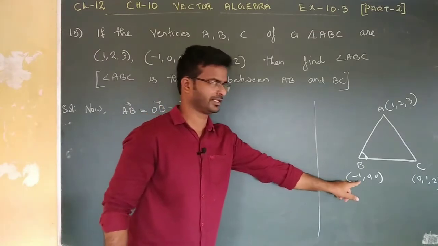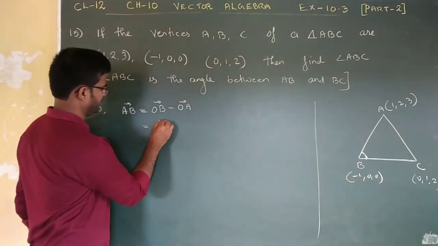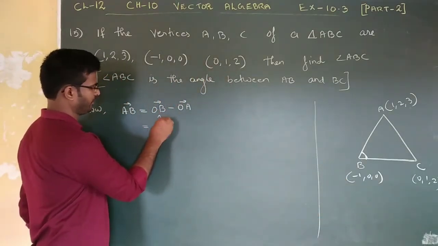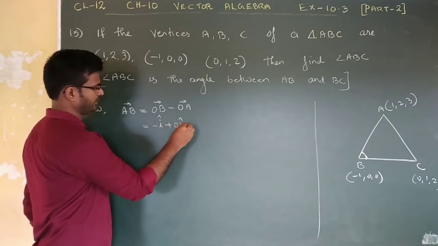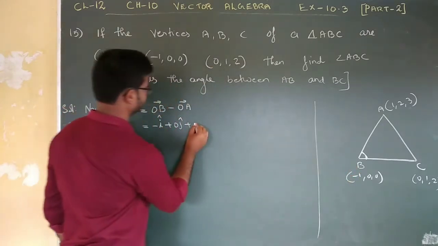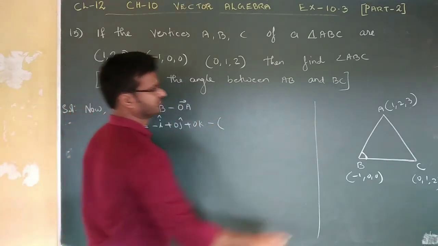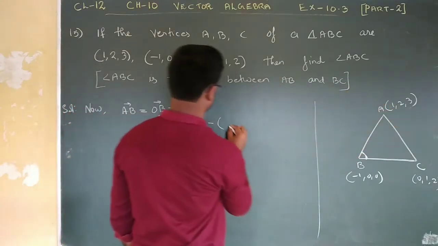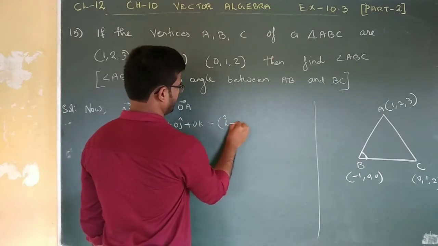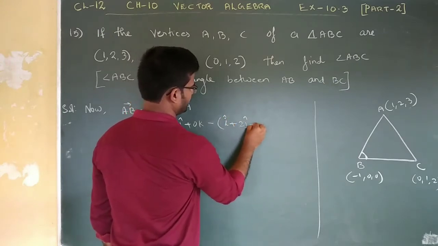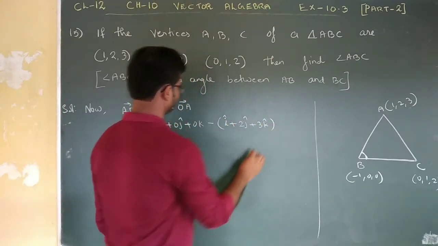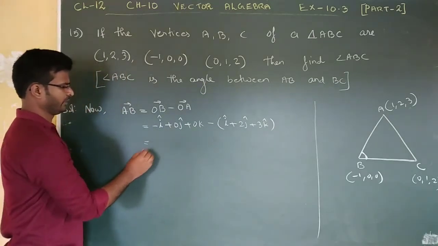OB from here we can write minus i minus 1i plus 0j plus 0k, minus OA vector. From this point we can write i plus 2j plus 3k. What will we get?